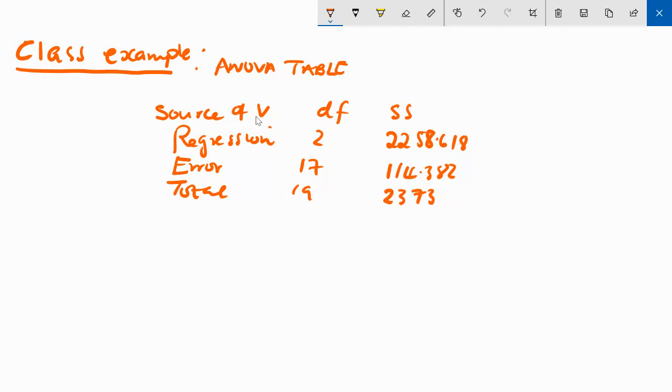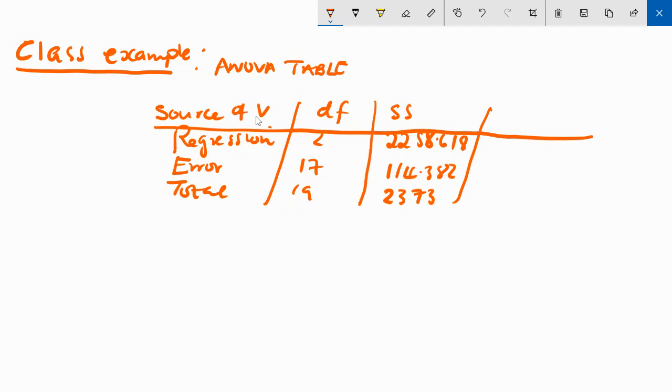Can someone confirm the values from the class example, please, before we continue? For regression, I have 2261.